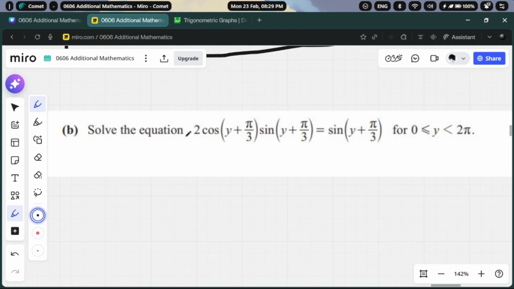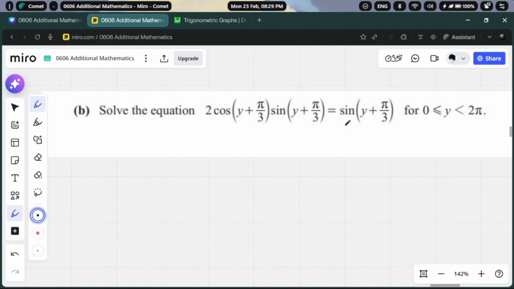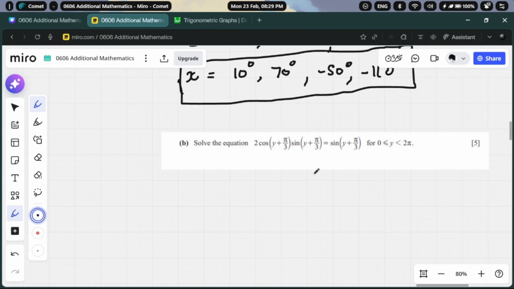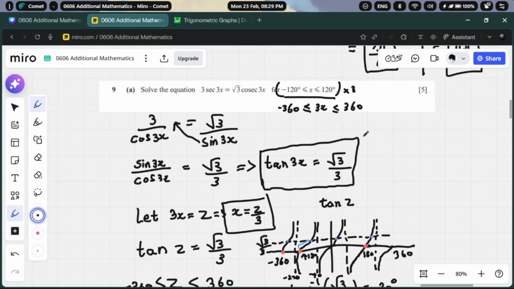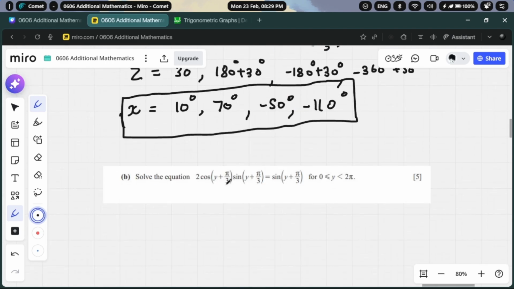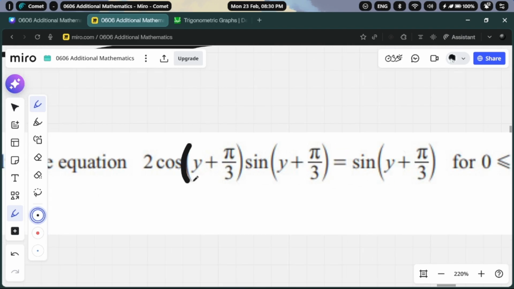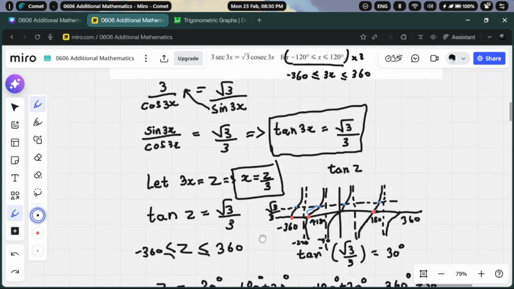Now the next part is to solve the equation 2 cos(y plus pi over 3) times sine(y plus pi over 3) is equal to sine(y plus pi over 3). So I will be sticking to the same logic I used over here. We'll basically equate the argument, the thing that's in the brackets, to a new variable so that we basically encode it.